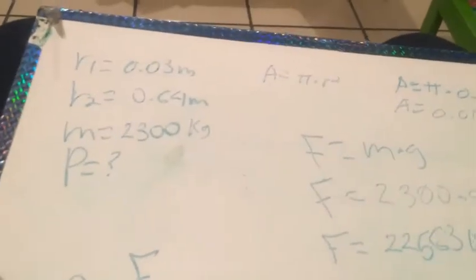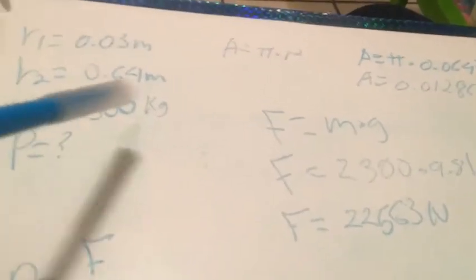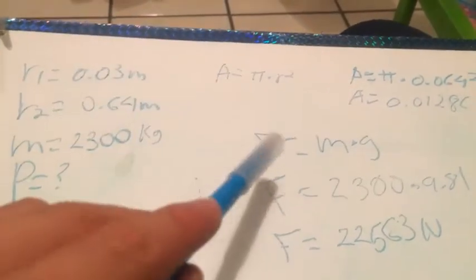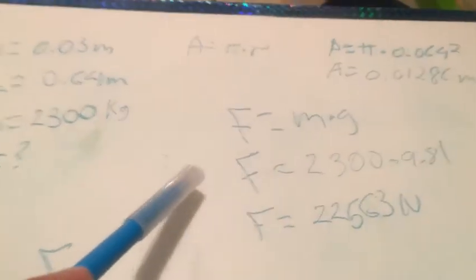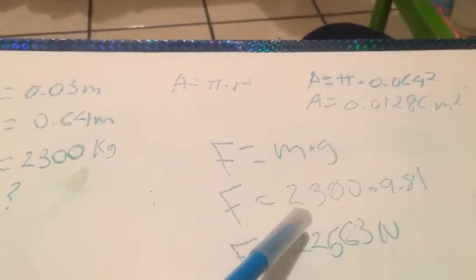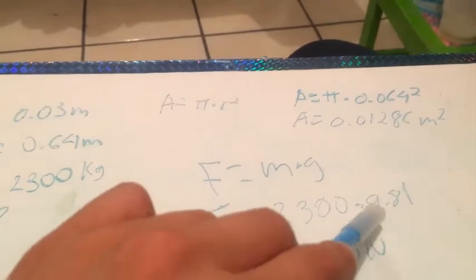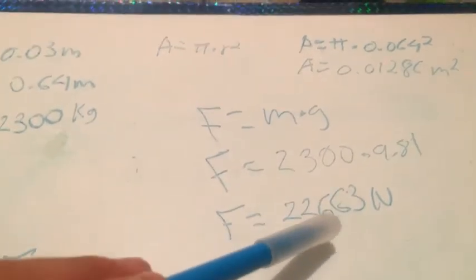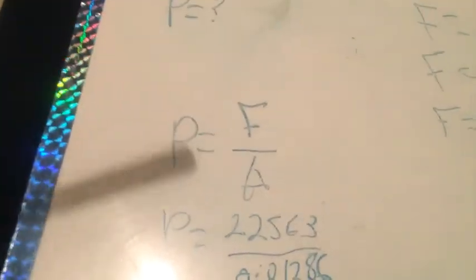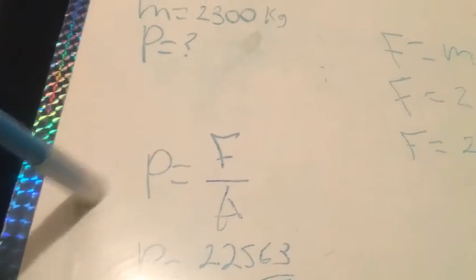And we have to look for the force, which we can solve by multiplying the mass, that we already have, times gravity, that is equal to force: 2,300 times 9.81, and this is going to be the force, 22,563 newtons. Once we have this, we can use this formula to solve for the pressure.